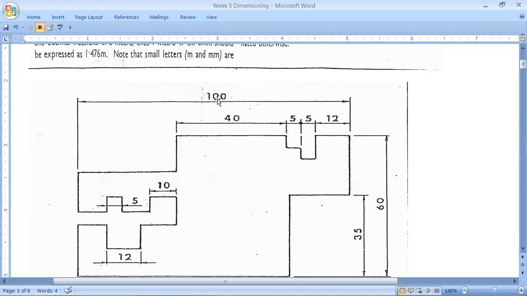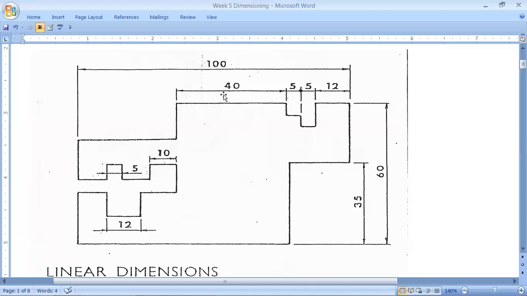This is when it's in horizontal position above the drawing, or below the drawing but in horizontal position.